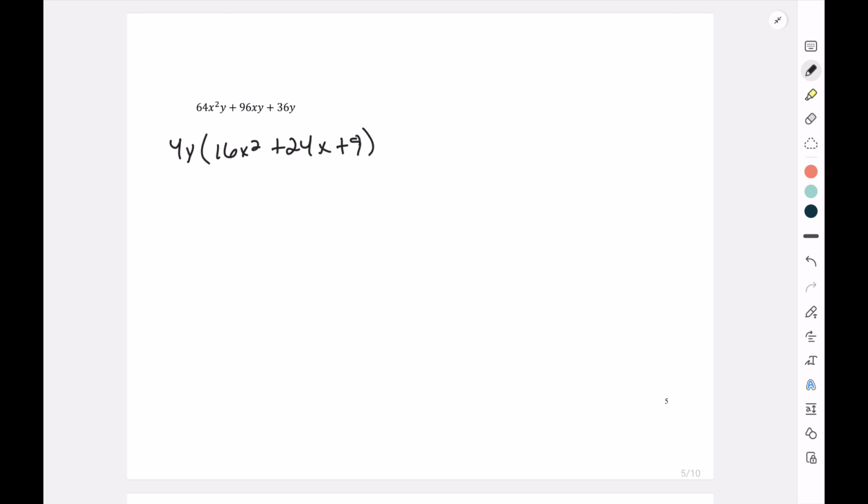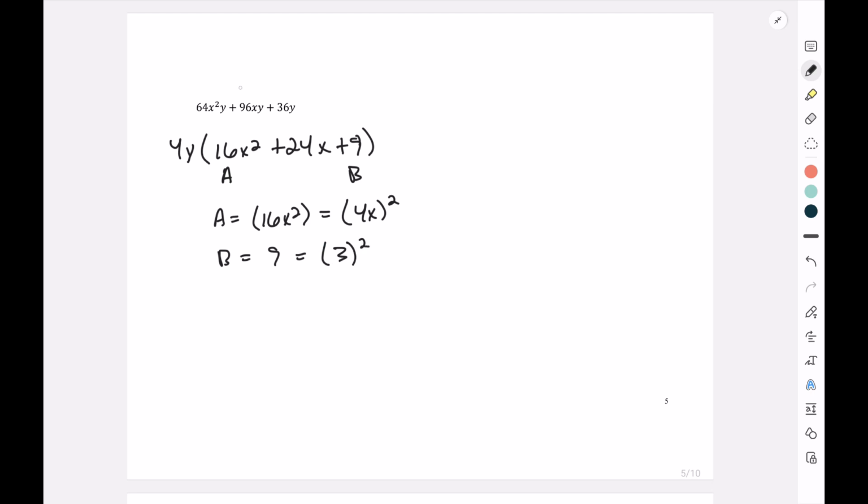Now we can see that it would be a perfect square, our a being 16 and our b being 9. Our a, 16x squared, would equal (4x) squared, and our b, 9, would equal (3) squared.